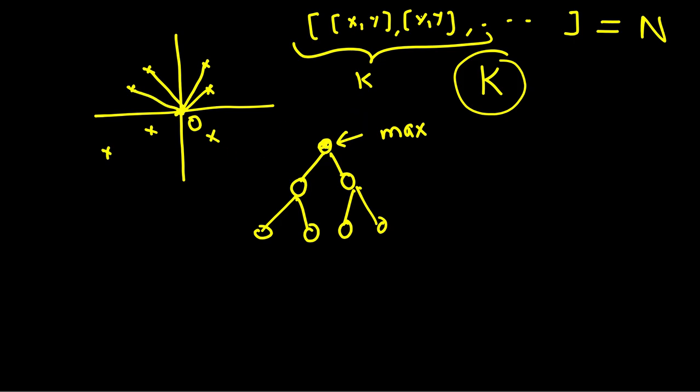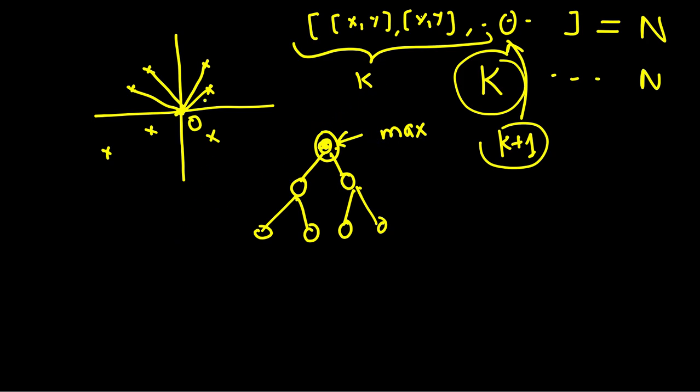So out of these first k points, this is the point with maximum distance from the origin. So we will start looking from the k plus first point all the way up till the nth point. So we will see what is the distance of this next point. If it's more than this, then we don't need to include it.